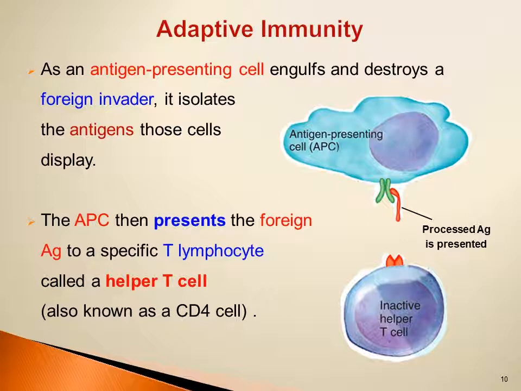After the digestion of the microbe or the foreign invader inside the antigen presenting cells, the antigens of those microbes will be presented on the surface of the antigen presenting cells, and these antigens are presented to special types of lymphocytes called the helper T cells. As I said, they are also known as the CD4 cells.